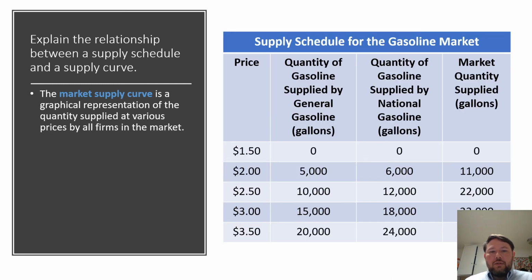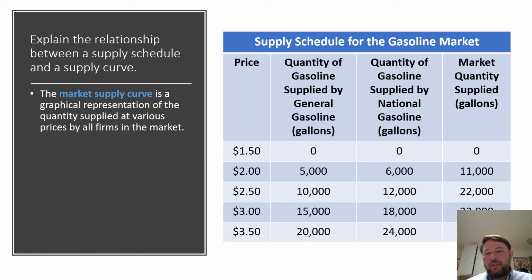So just like with demand, we can also generate a market supply curve and a market supply schedule for a particular product. That's when we take multiple firms that are supplying that good or service and add them together to get our market quantity supplied. Remember, with demand, we did the same thing. We took the quantity of gasoline demanded by Alice, and Fred was also demanding gas.